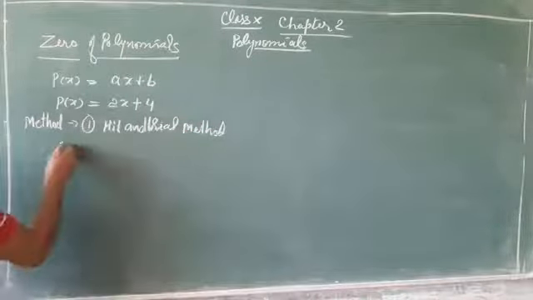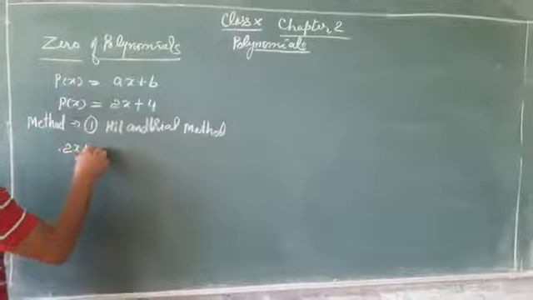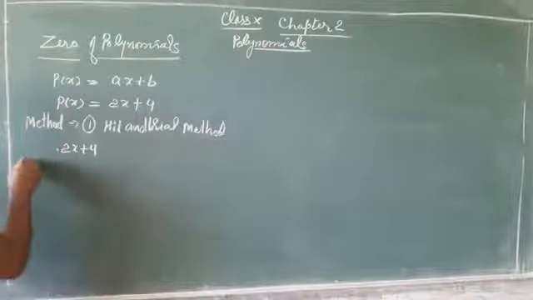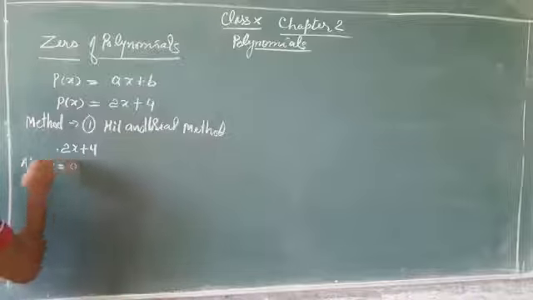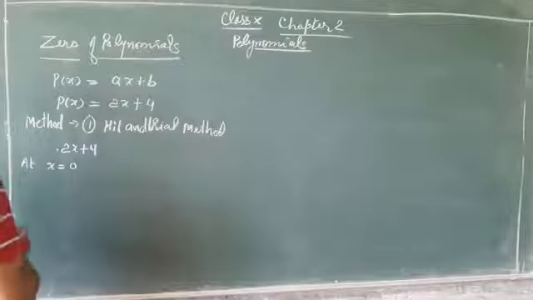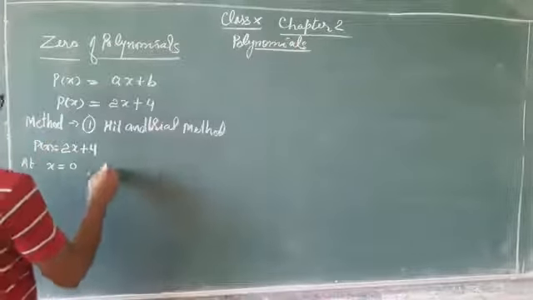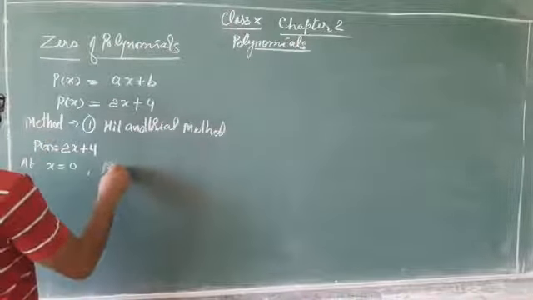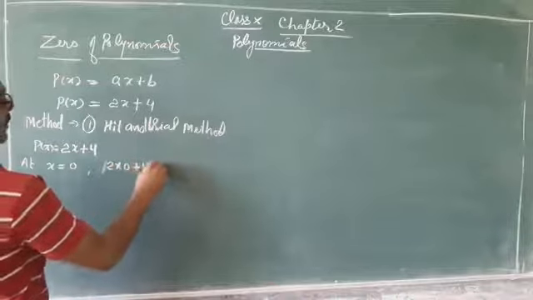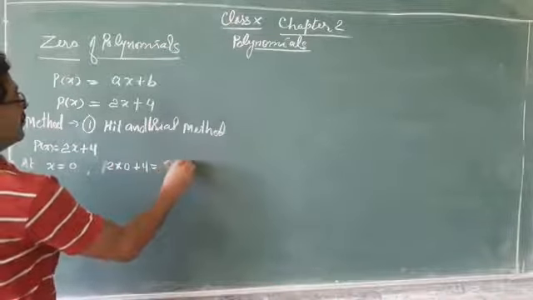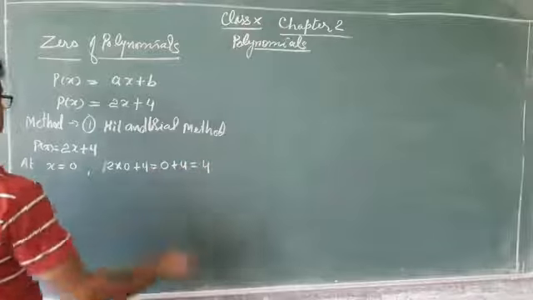So this is 2x plus 4. We put x is equal to 0. So 2 into 0 plus 4, that is 0 plus 4, it becomes 4.